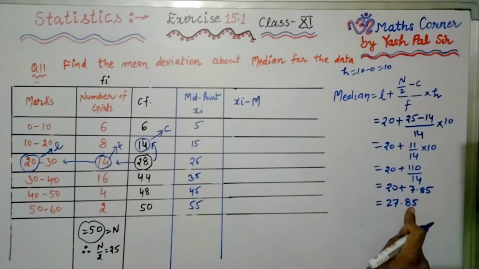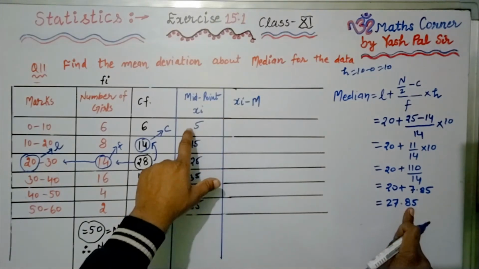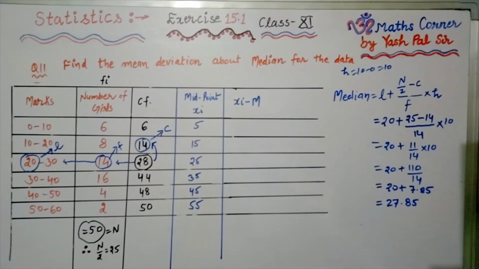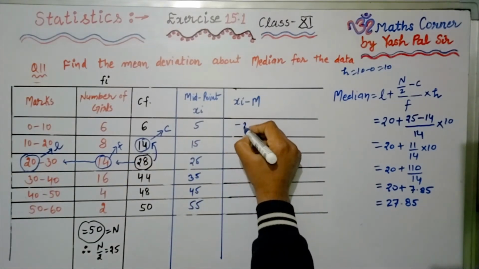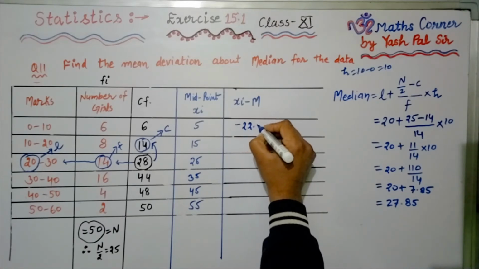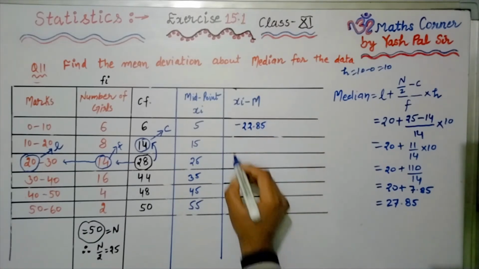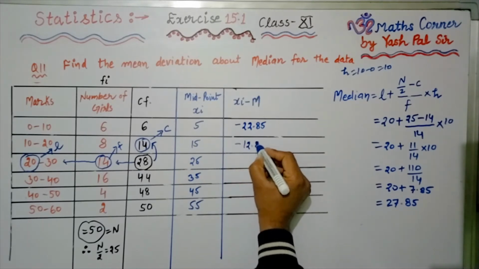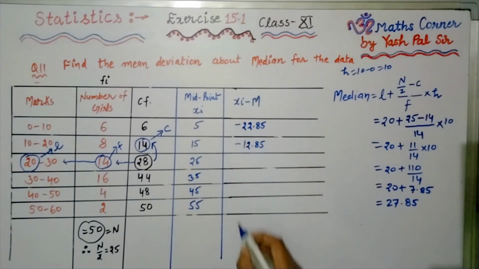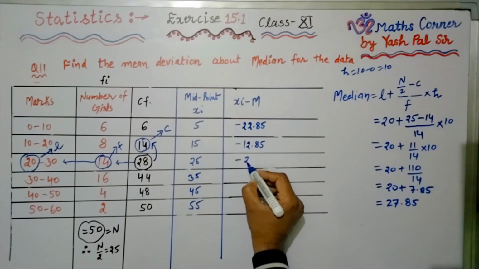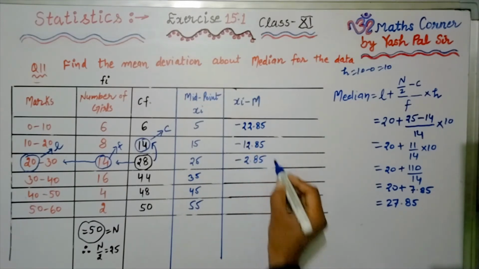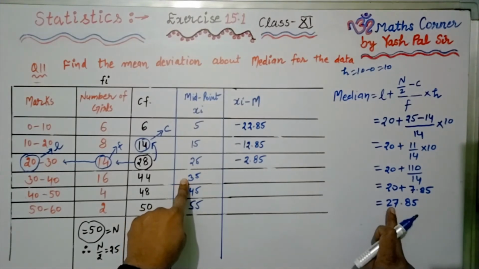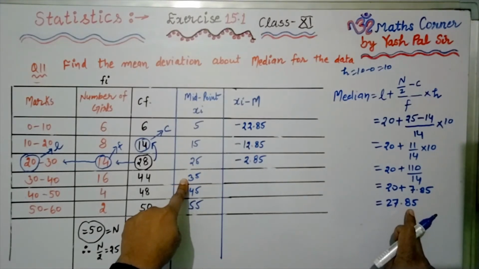Now we find the value of xi minus median. Median is 27.85. Okay, xi is this 5, minus 27.85. This is minus 22.85. Again this becomes minus 12.85. Now this becomes minus 2.85.